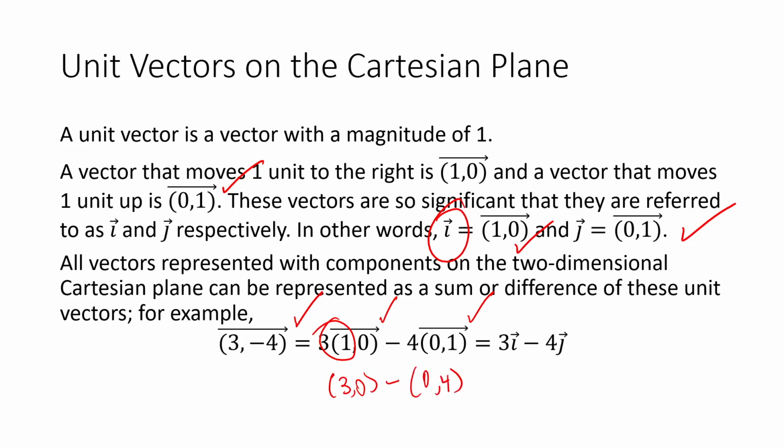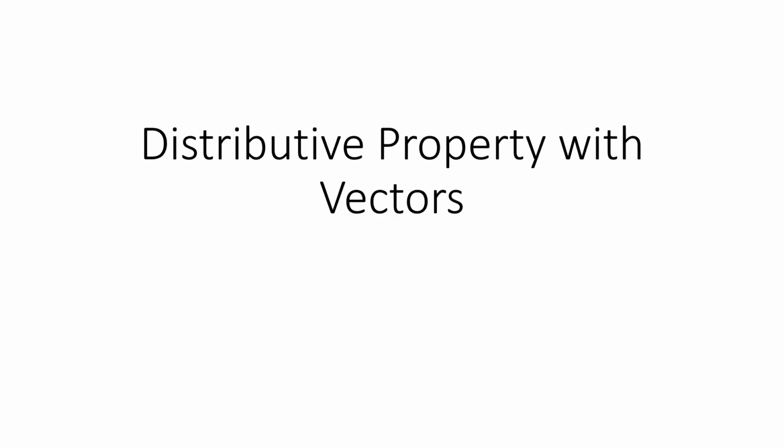And you can actually just subtract the components. 3 minus 0 would be 3, and 0 minus 4 would be negative 4. And so we'll see that you can actually do that with components pretty straightforwardly. Well, we're going to call this 3i minus 4j. It's important that you know that language when we talk about i and j, what we're talking about in this context.